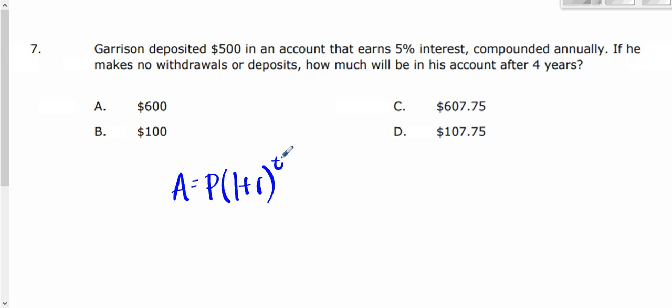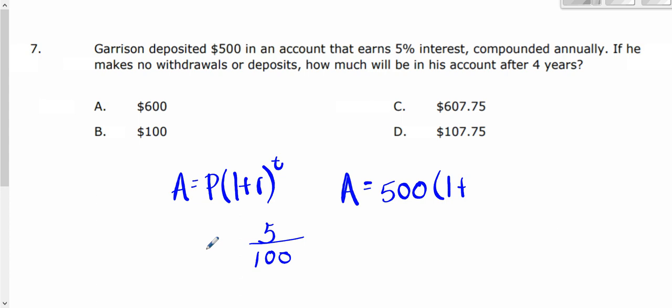Okay, so plugging in my formula, I'll have A equals 500 is my principal, times 1 plus my rate of 5% divided by 100, which equals 0.05.